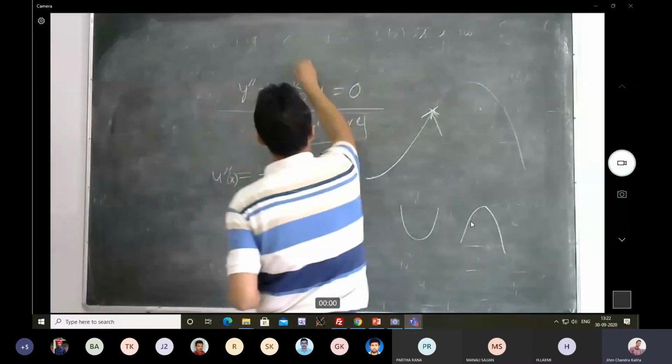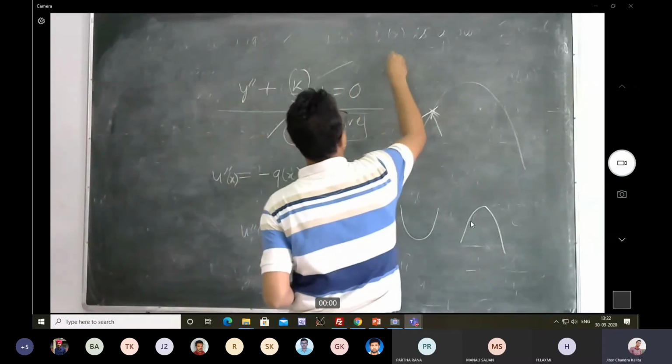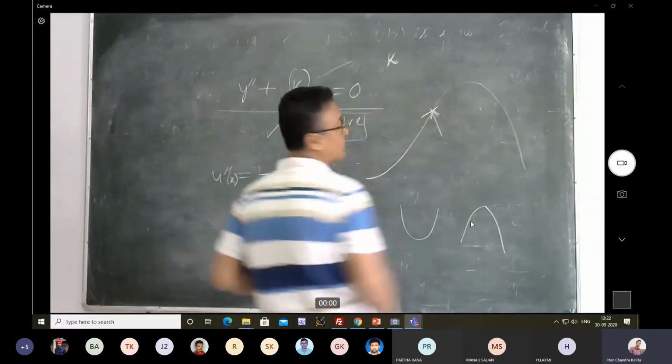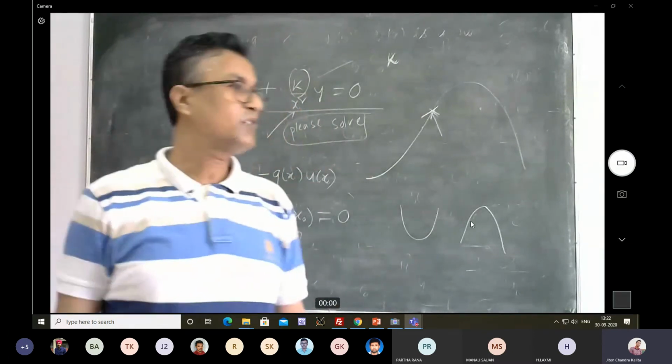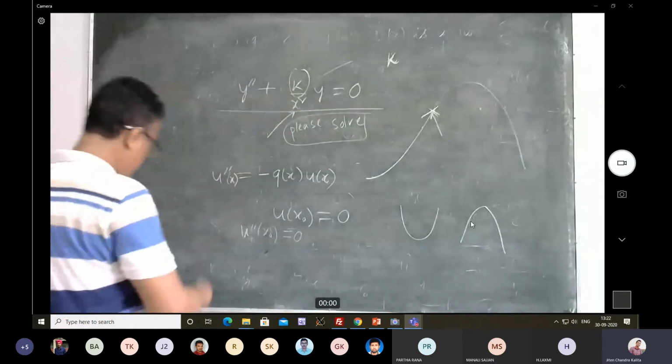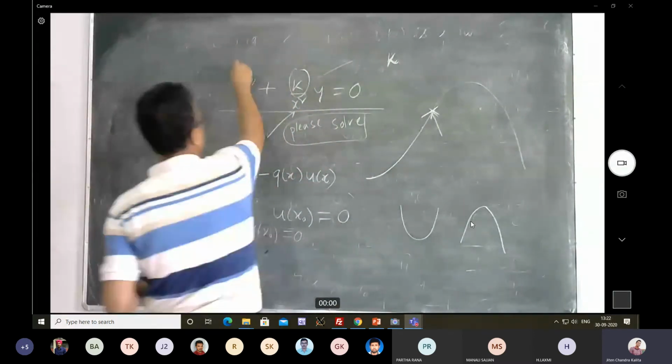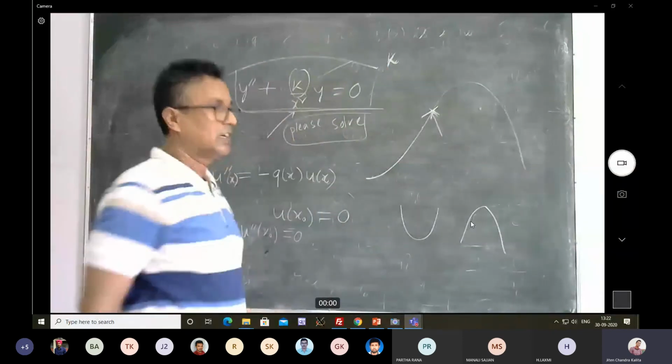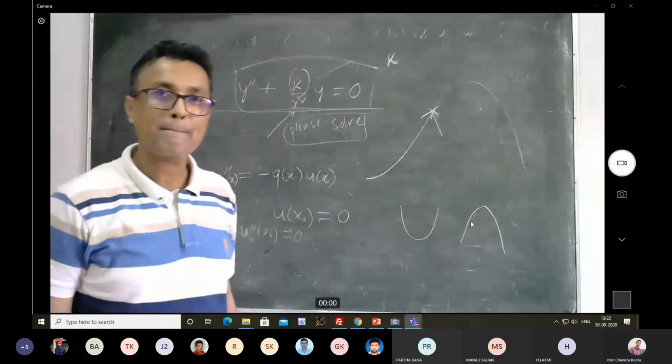Or there is a specific value of k that is very important. Can you find that out for me? If you have to solve this equation, how can we proceed?